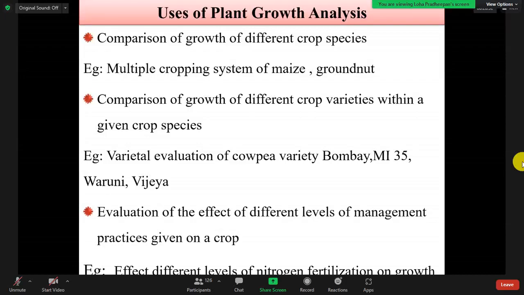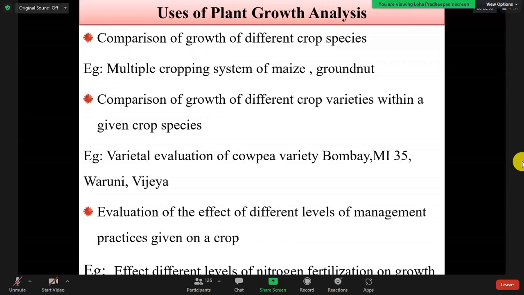All are cowpea varieties, so that is one crop species, the cowpea, and among that we have different varieties. If you want to compare the varietal performance of a particular crop, we can go for plant growth analysis.